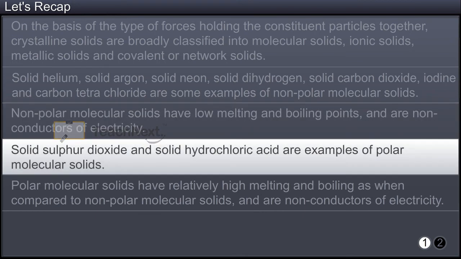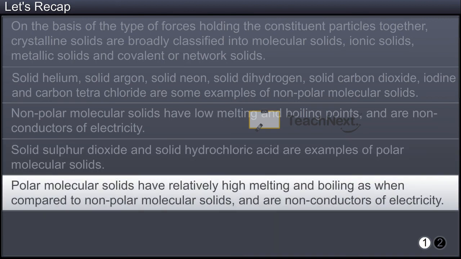Solid sulfur dioxide and solid hydrochloric acid are examples of polar molecular solids. Polar molecular solids have relatively high melting and boiling points when compared to nonpolar molecular solids and are non-conductors of electricity.